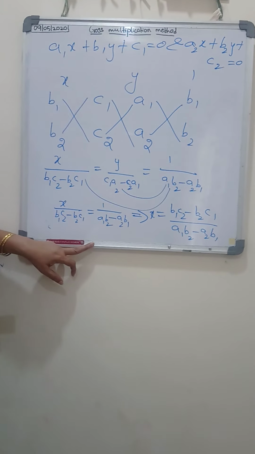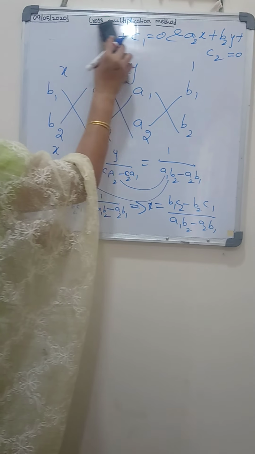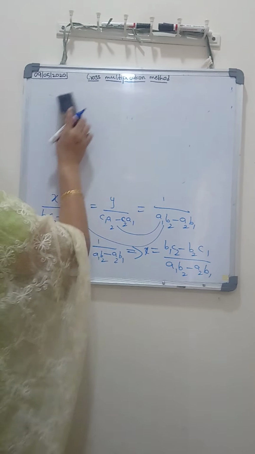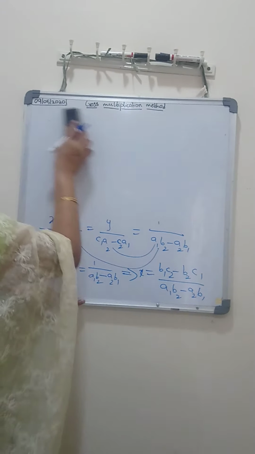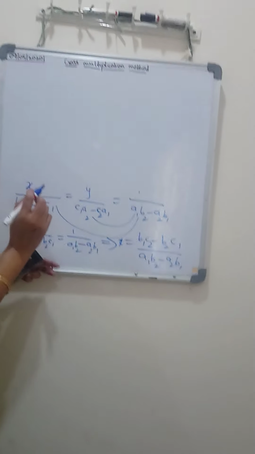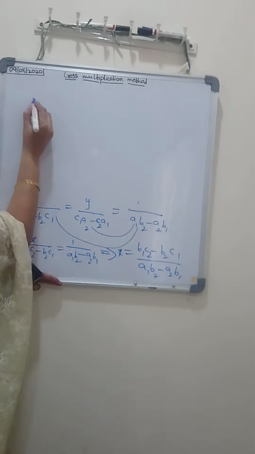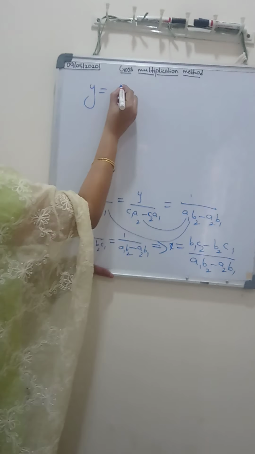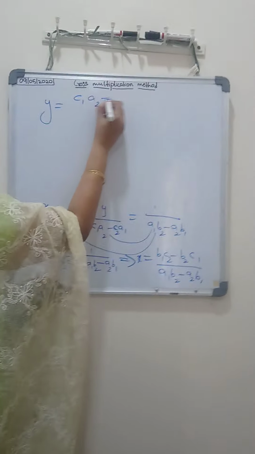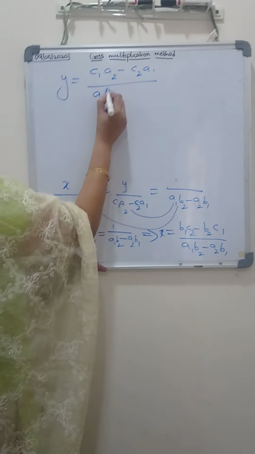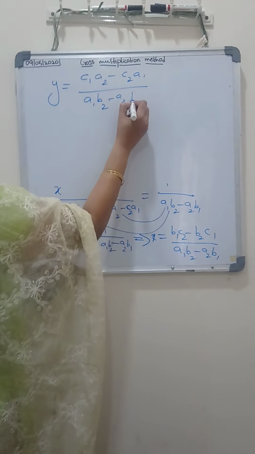Now similarly you equate y to this constant term. Now equating y, children, y is equal to (c1 a2 minus c2 a1) by (a1 b2 minus a2 b1), children.